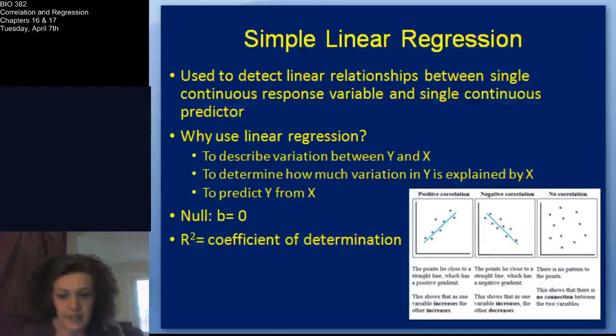Okay? And this is just right here to show you direction of relationships, because here's an important thing. Since r squared is always positive, it does not tell you the direction of the relationship. You must look at the data and you must report the direction of that relationship, because that's your trend, right? I always tell you, report your trends, when you do an ANOVA.